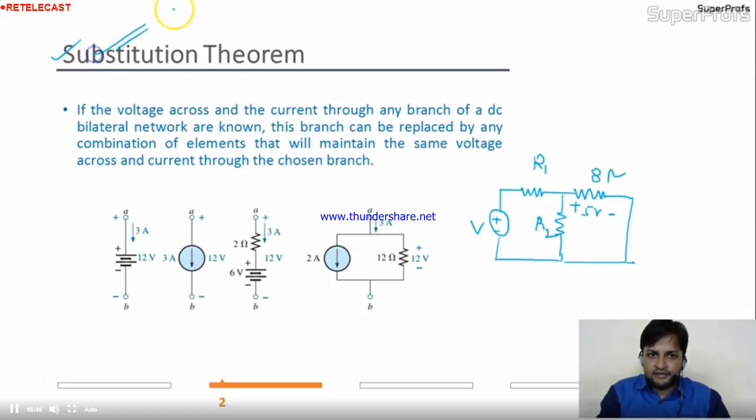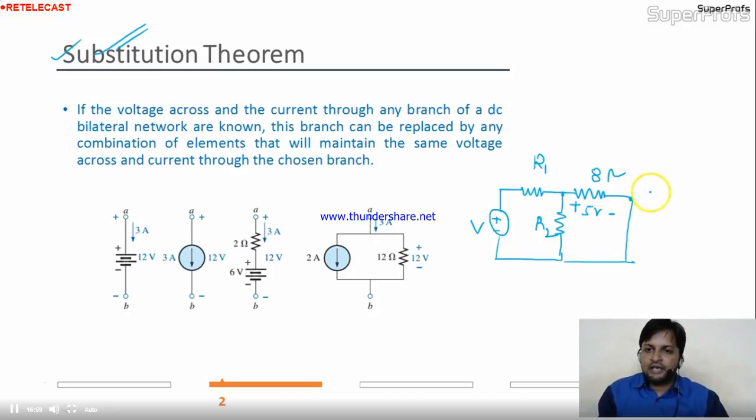Substitution theorem says we can replace any branch in the circuit if the output will not change or the circuit will not be affected.